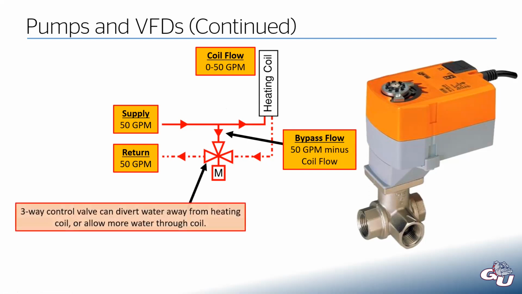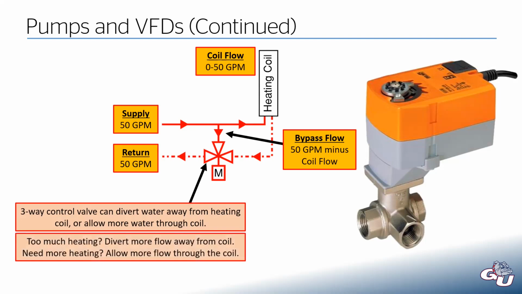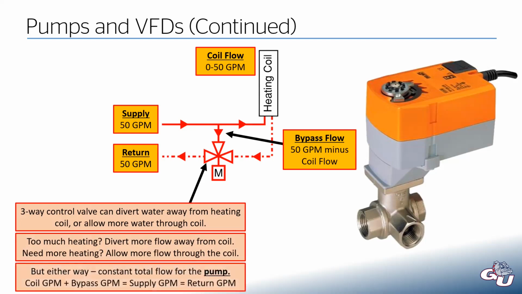So that three-way control valve, we're either diverting water away or we're allowing more water through the coil depending on if we want more heat or if we want less heat. So if we have too much heat, divert more flow away. If we want more heat, allow more flow through the coil. But either way, we have constant total flow for the pump.